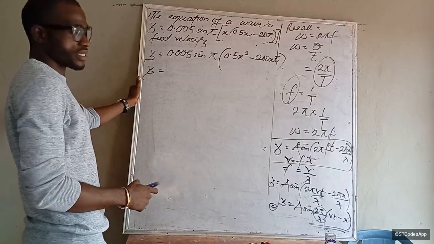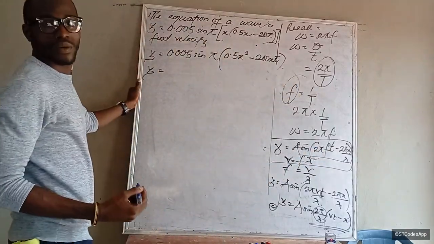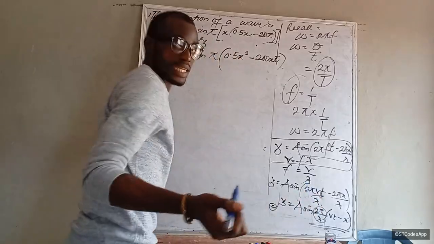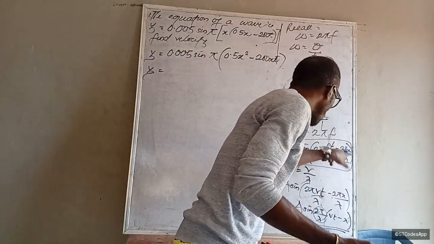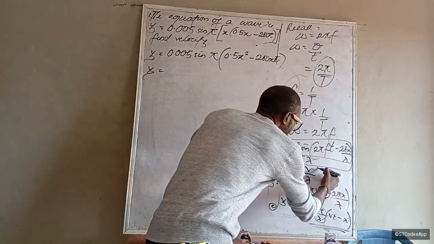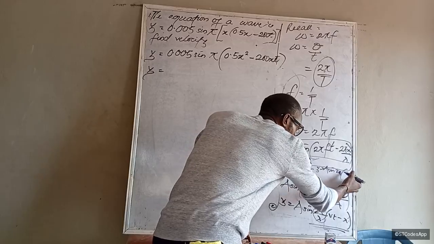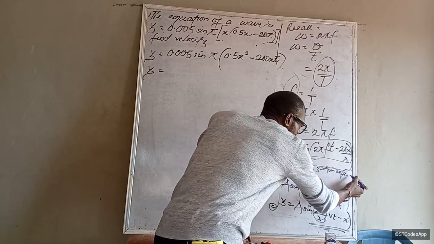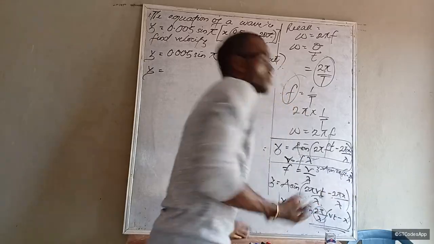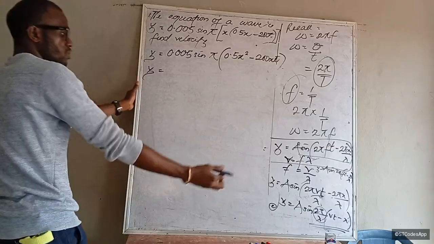I prefer to use that. Or I can even use this in a special form. This one now, I'll just collect 2 pi out. It becomes y equal to A sine 2 pi of ft minus x over lambda. It still works. But let's use that last one since it's what you used.